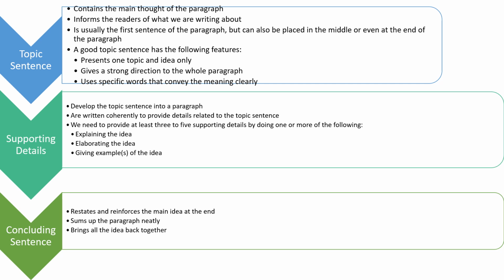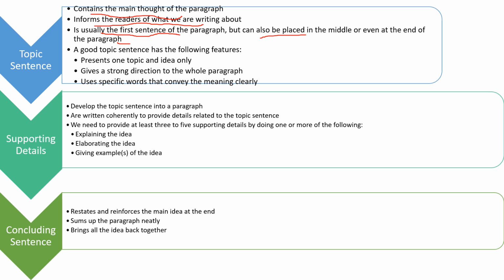A topic sentence contains the main thought of the paragraph. The topic sentence informs the readers of what we are writing about, and it is usually the first sentence of the paragraph, but can also be placed in the middle or even at the end of the paragraph. For your level, you have to put your topic sentence in the first sentence of the paragraph.